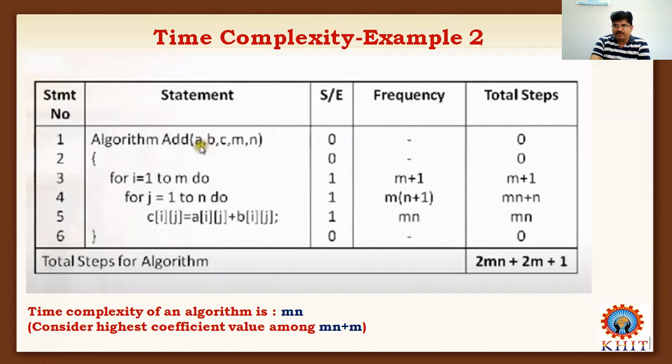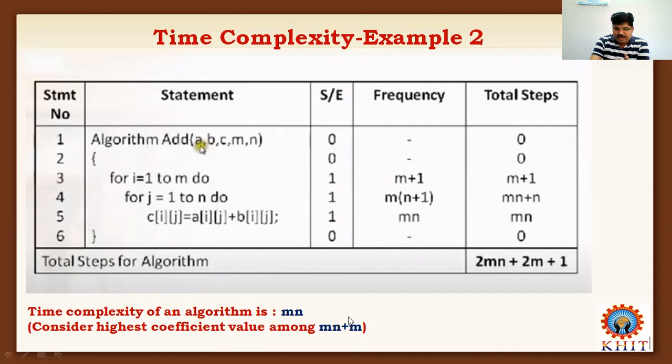Ignore them simply. If you ignore 2, 2, 1, then what is the revised expression? The revised expression is mn plus m. In this expression, you always consider the highest coefficient value only. Which one has the highest coefficient value, mn or m? mn is the highest coefficient value.